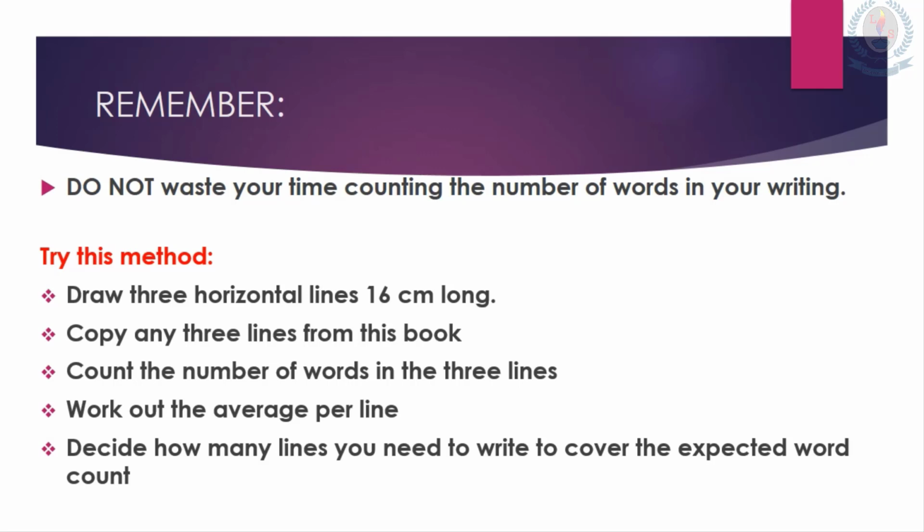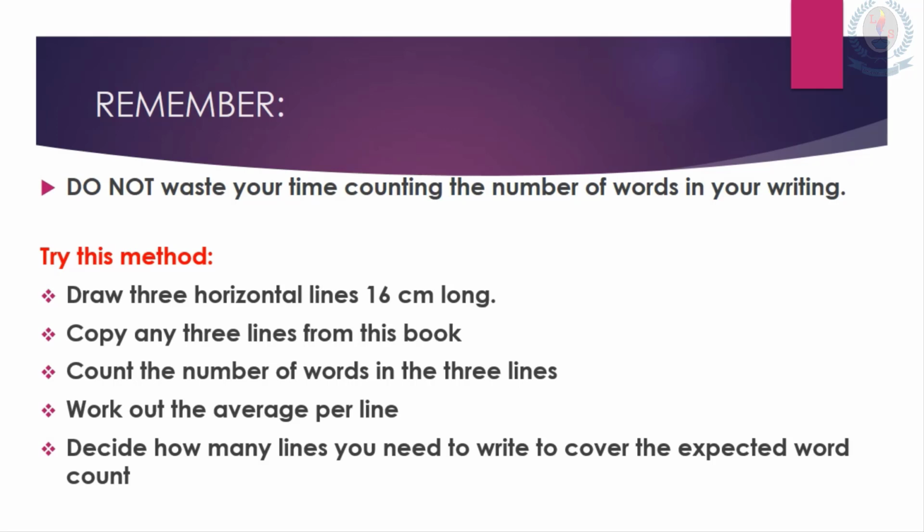So you have to count the number of words that you can write in each line. Then decide how many lines you need to write to cover the expected word count. Now I'll tell you an easy way. Say you are asked to write 200 words and you have discovered after doing this method that you can write 10 words in a line.